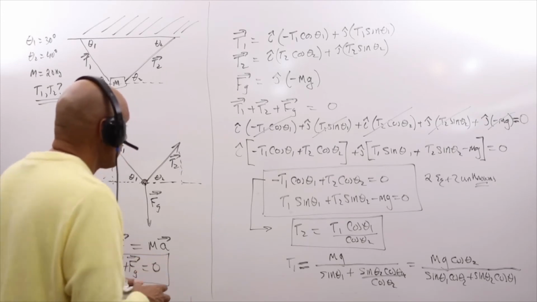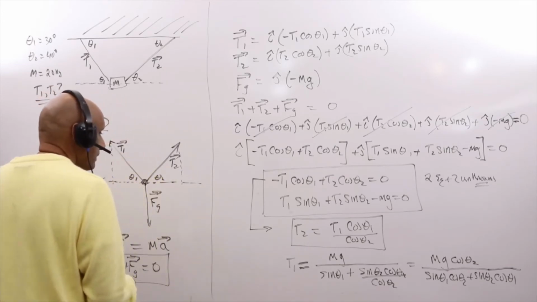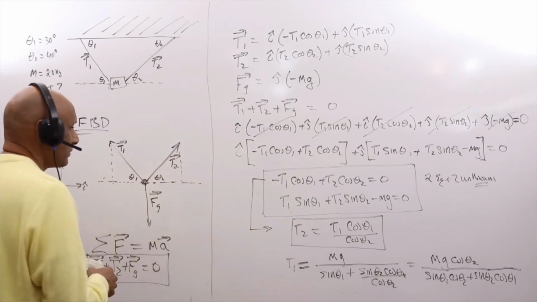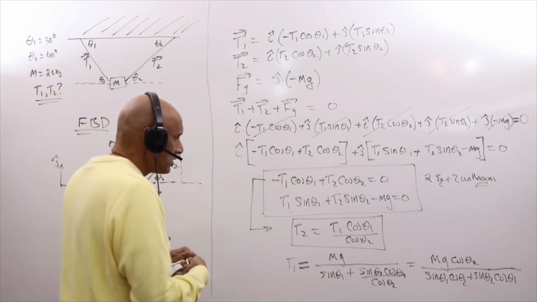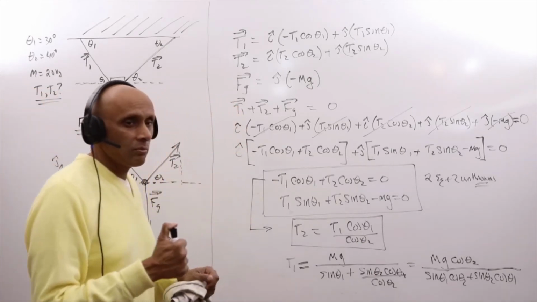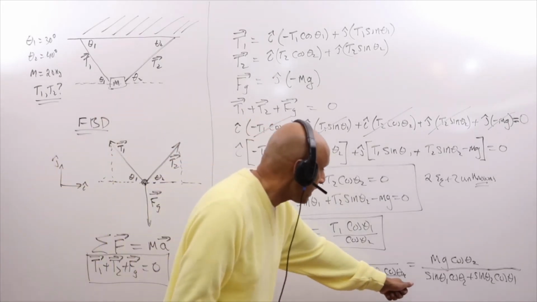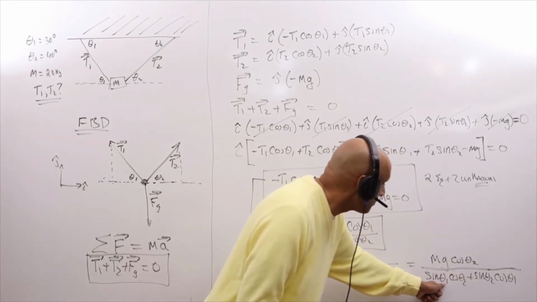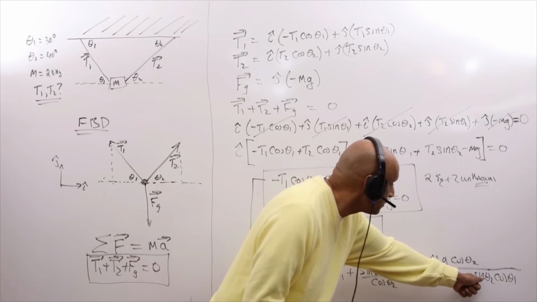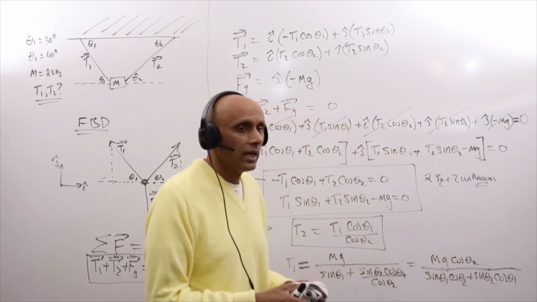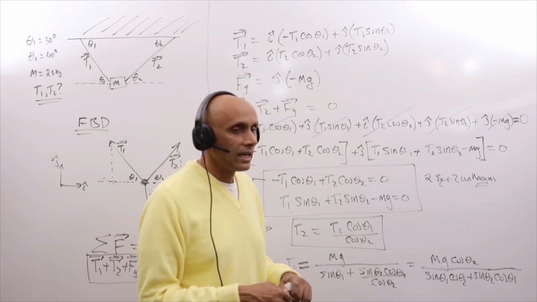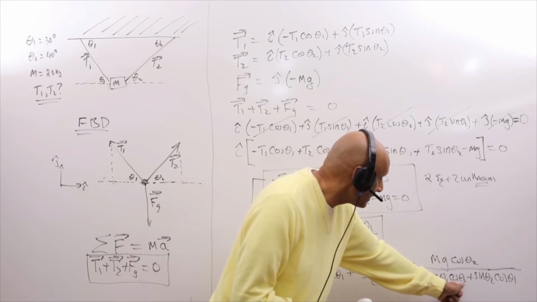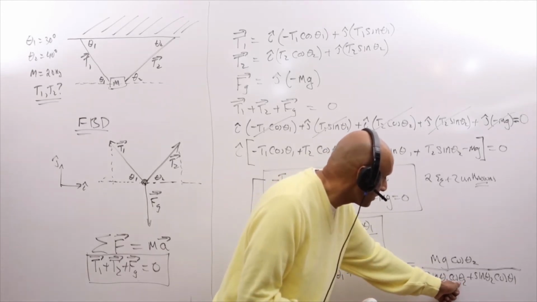Okay, great. Now I've solved for t1, and now we can back substitute for t1 to get t2. And I'm out of space, so before I continue, some of you might recognize that this expression, sine of theta 1 multiplied by cosine of theta 2 plus sine of theta 2 cosine of theta 1, if you remember your trigonometric angle formulas, is actually the sine of theta 1 plus theta 2.